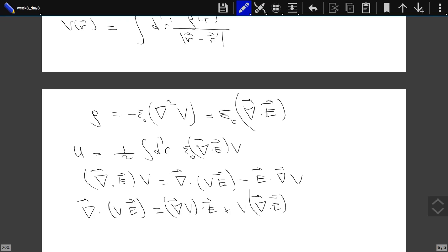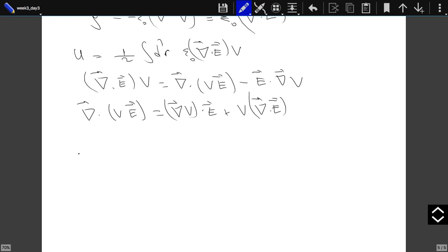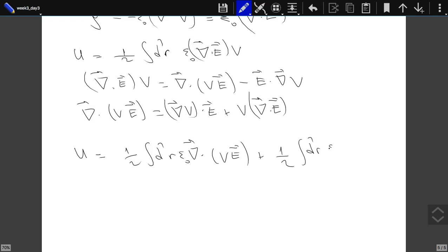Well, what I obtained by writing it in this form is that I have a volume integral of a total divergence. But I can write it as a surface integral. That is what I will obtain. So U is equal to 1 over 2 d cubed r, the divergence of V times E, plus 1 over 2, there's also the epsilon 0, d cubed r epsilon 0 of E squared.